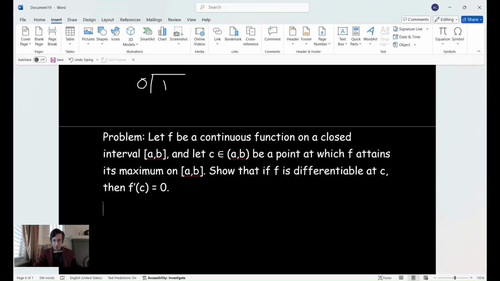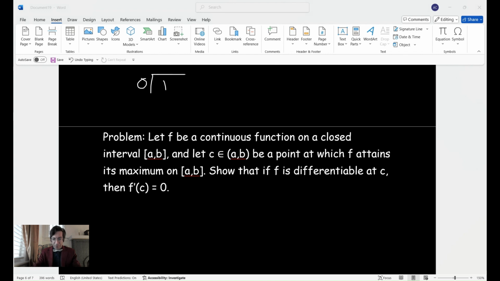All right, hopefully you can see the problem here because we've been talking about the closed interval, and you should think about what you know about the derivative at that point. I'm going to show you a sample sketch, and it should give you some idea.